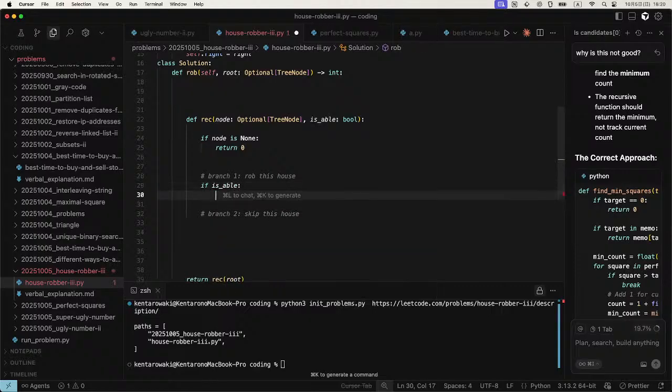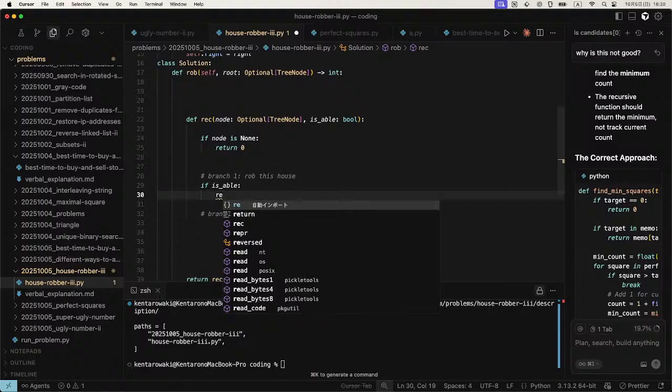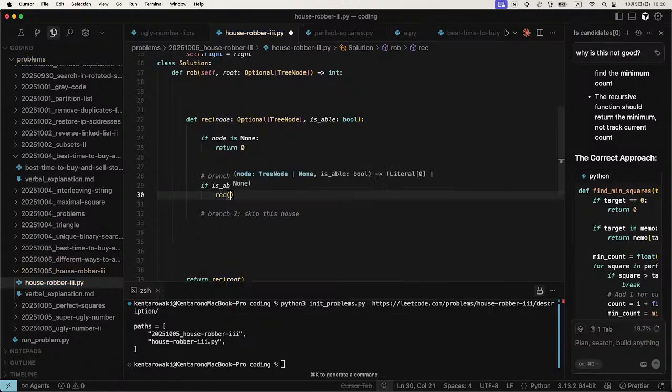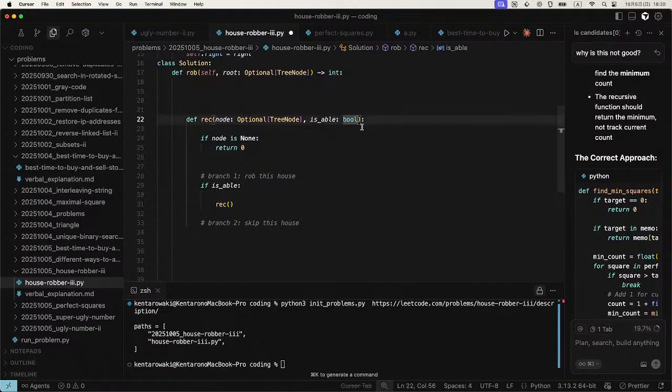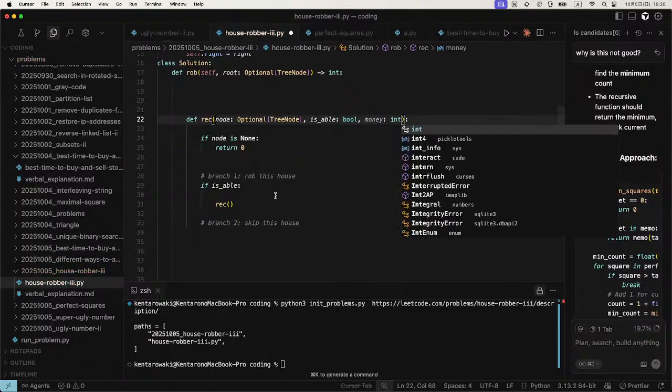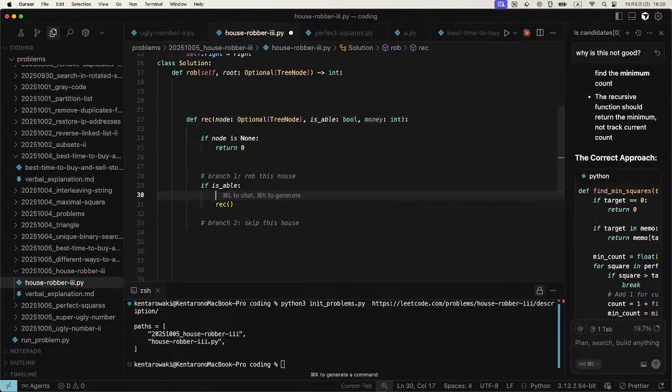If it's able, we rob this house, so we can get money.